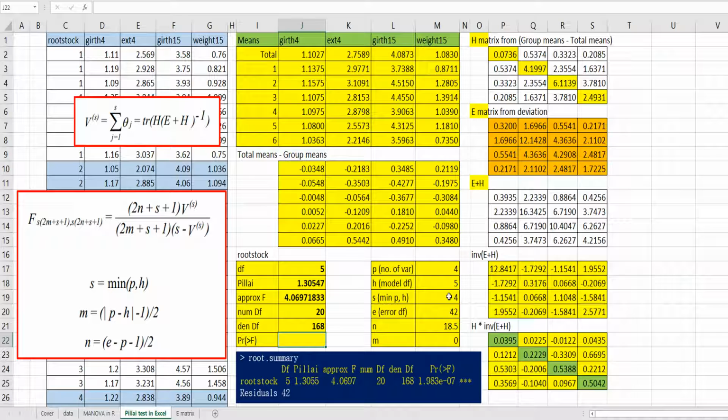Okay, and p-value: 1 minus F.DIST, and the F value here, comma, degrees of freedom, second degrees of freedom, and TRUE. Right, this is the same as this one.